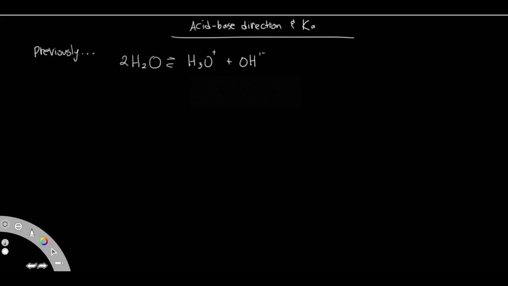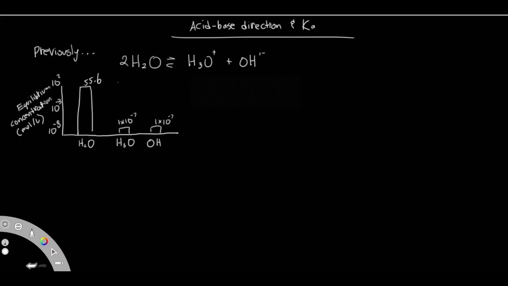If I were to give you a chart like this, you can see how this here is our H2O, a very, very large number in terms of concentration. But you can see its constituents, here the cation and here the anion, are an extremely low number, 1 times 10 to the negative 7. This is because only a small fraction of this will ionize into these.